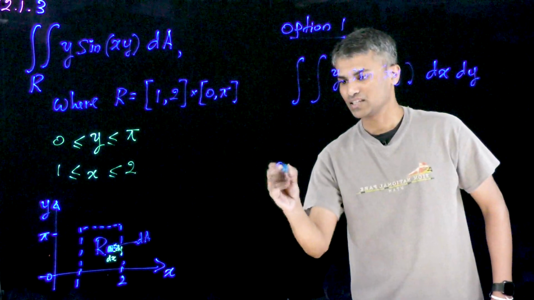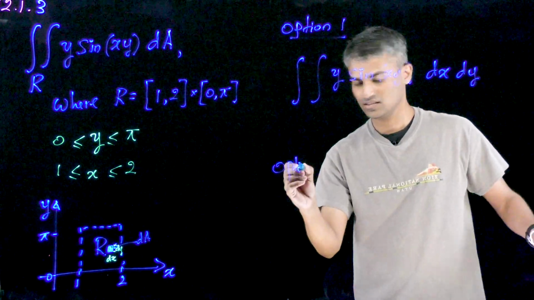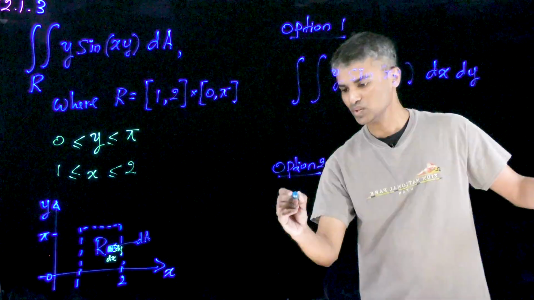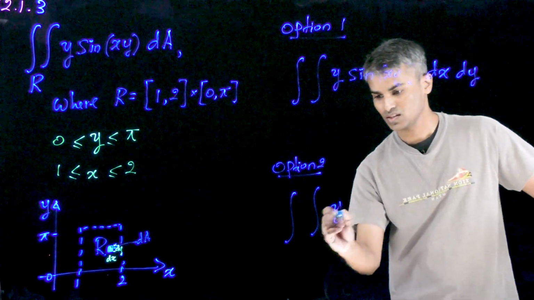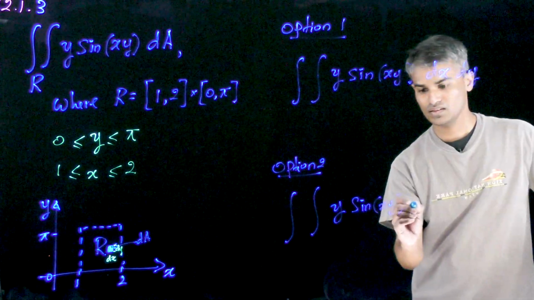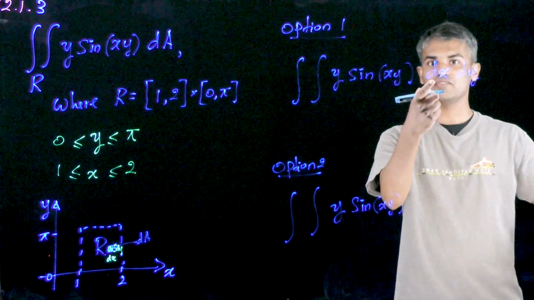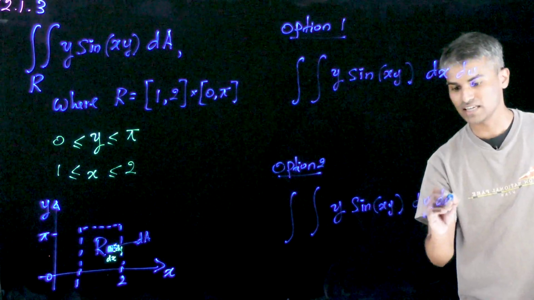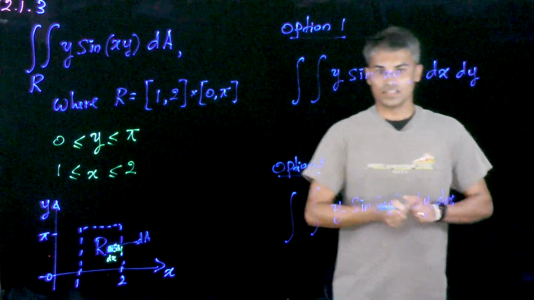Our second option, option 2, is this. Now initially we used dx dy, but now we are going to use dy dx.